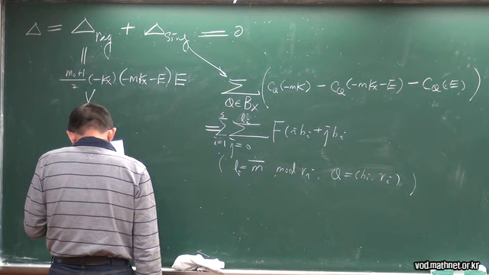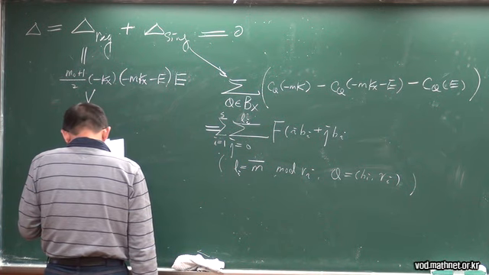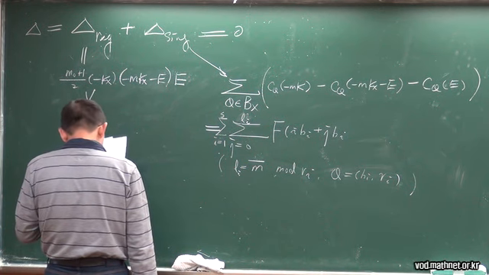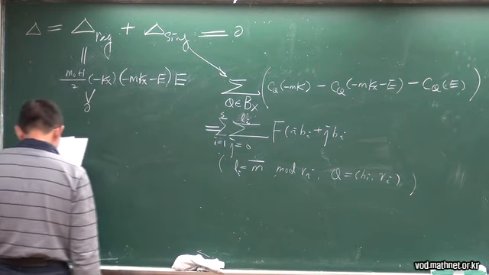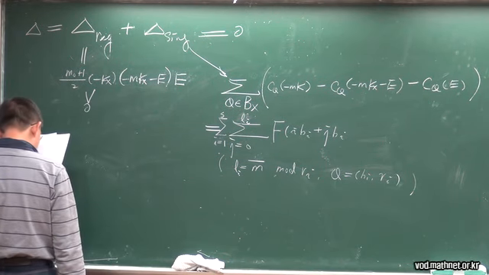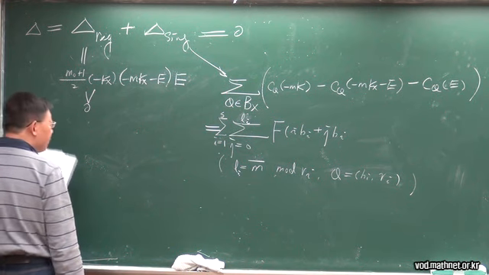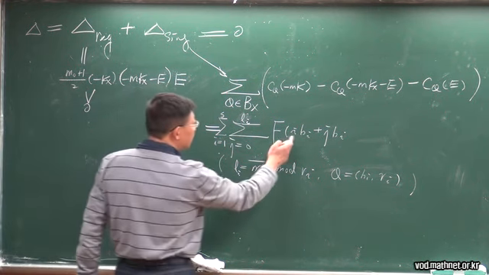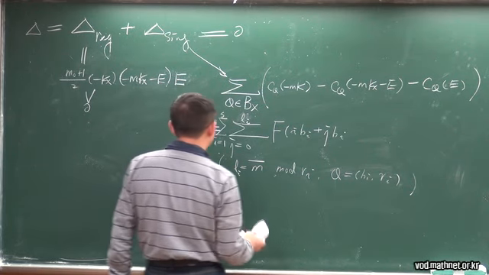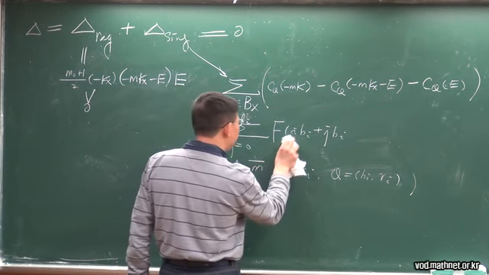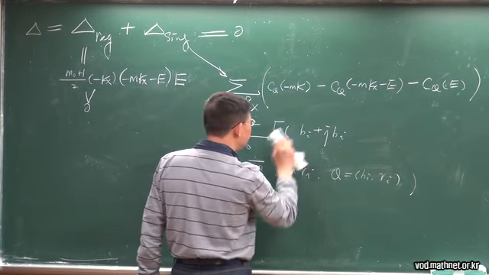I is the local index, so it should be different from this. So it's better I write it differently.